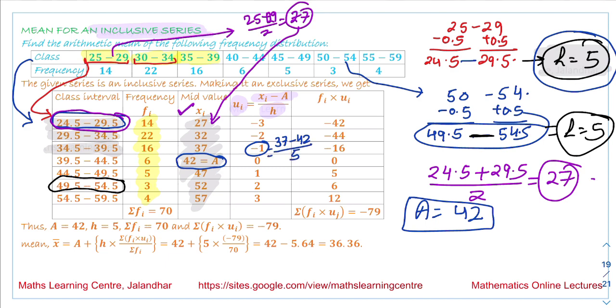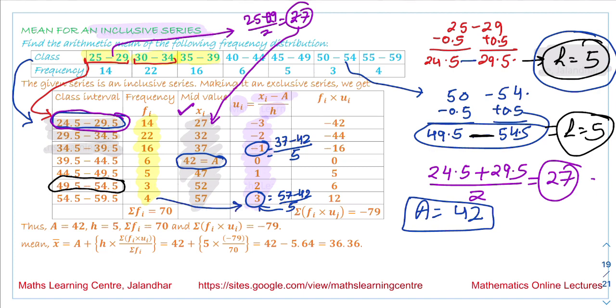The answer we will get is minus 1. For this value, it is 57 minus 42 by 5, and the answer is 3. So the values of ui are minus 3, minus 2, minus 1, 0, 1, 2 and 3.